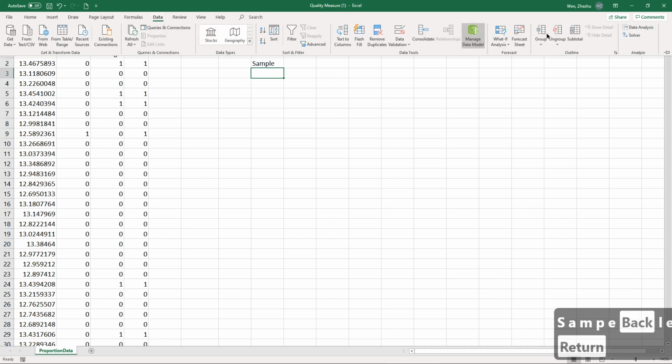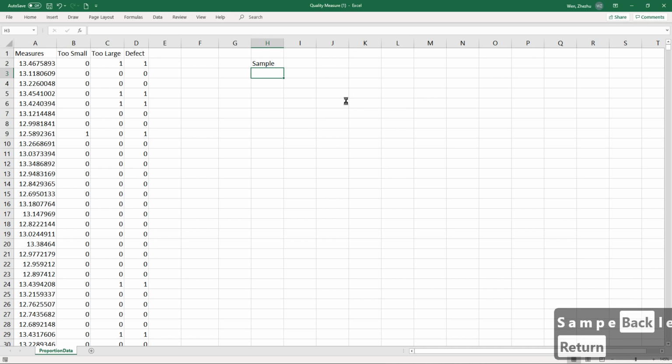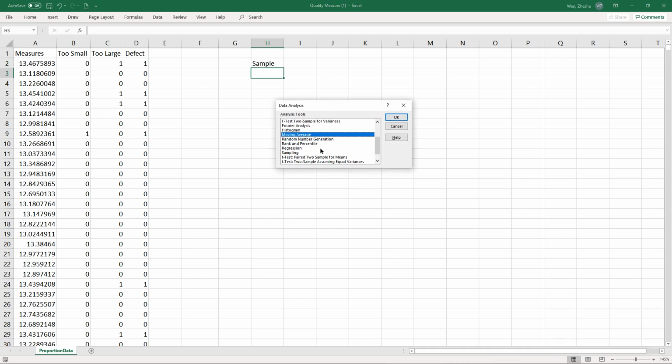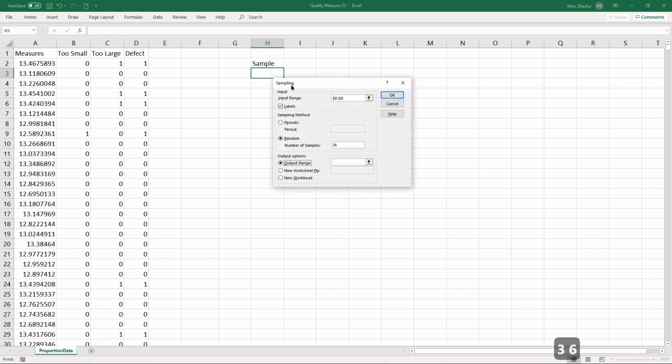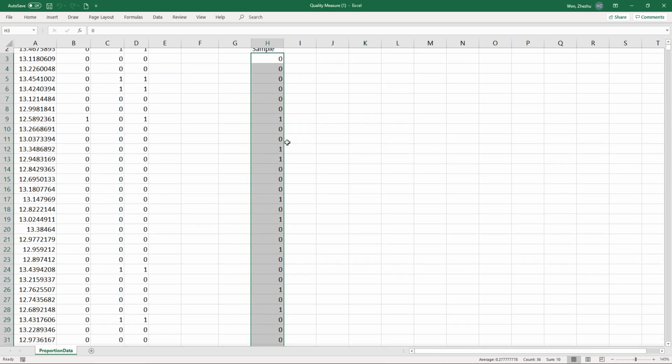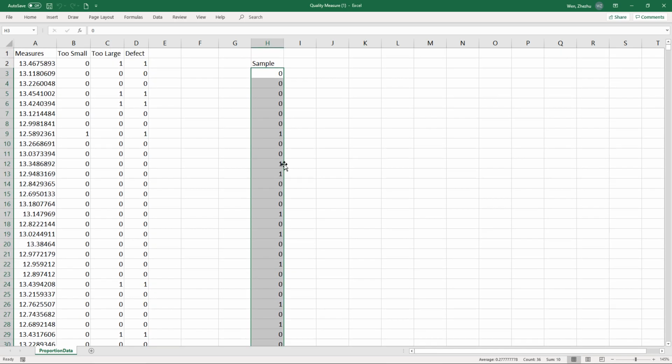I'm going to draw a random sample of 36. Input range, the label, randomly 36. I'm going to output it here in H. Click OK. So you got 36 samples here.